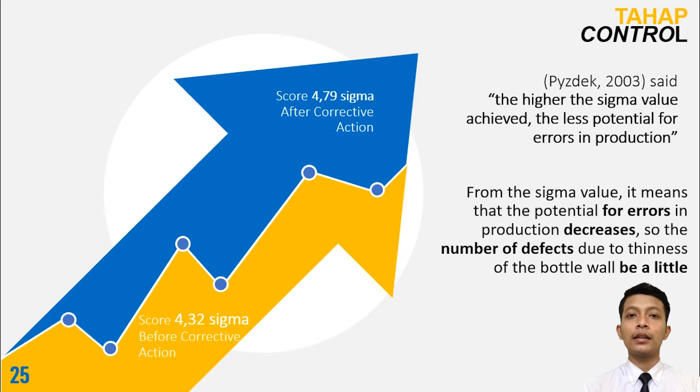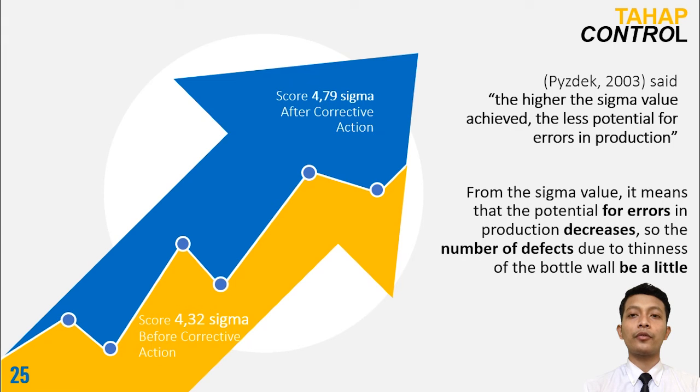With that said, the higher the sigma value achieved, the less potential for error in production. This means the potential for error in production decreases, so the number of defects due to thinness of the bottle wall becomes small.